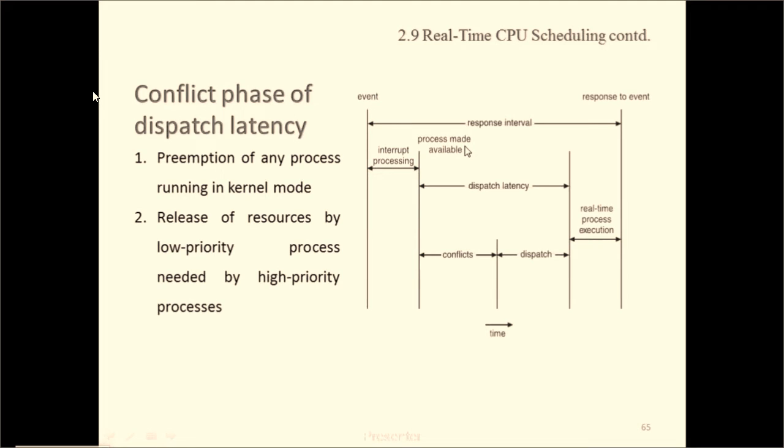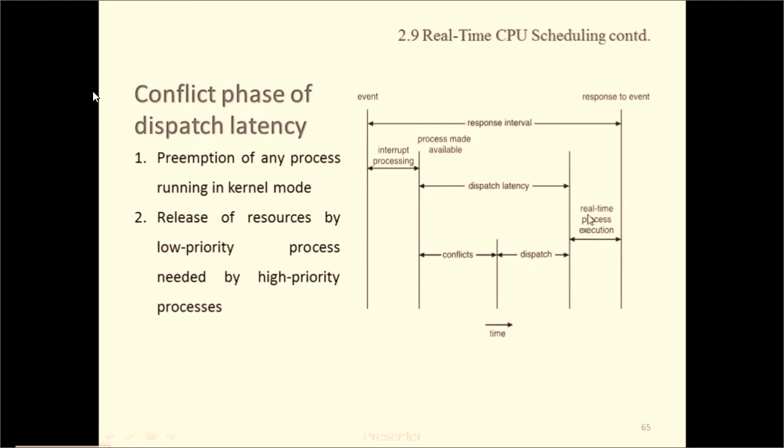Because of conflict now, what is happening? Resource is taken out and given to another process. So whether there is any conflict or not is resolved here. If the conflict is there, resource is taken out from one process and given to another process. This is the dispatch time. The total time of conflict and dispatch is dispatch latency.